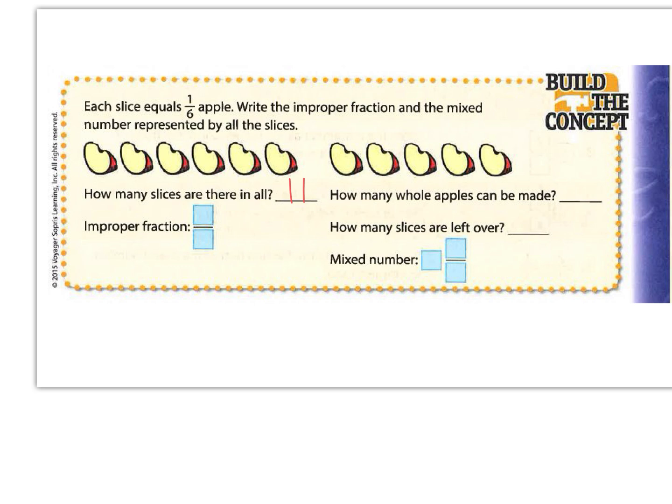Well, remember, each slice equals 1/6 of an apple. So if you have 6/6, that would equal 1 whole. So here we have 1, 2, 3, 4, 5, 6, 1 whole. So there's 1 whole apple. Okay, and then how many are left over? 1, 2, 3, 4, 5.